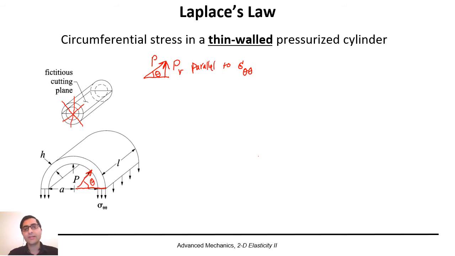So to calculate sigma theta theta based on P, we have to just think about P_V, the projection of the pressure P with respect to theta.